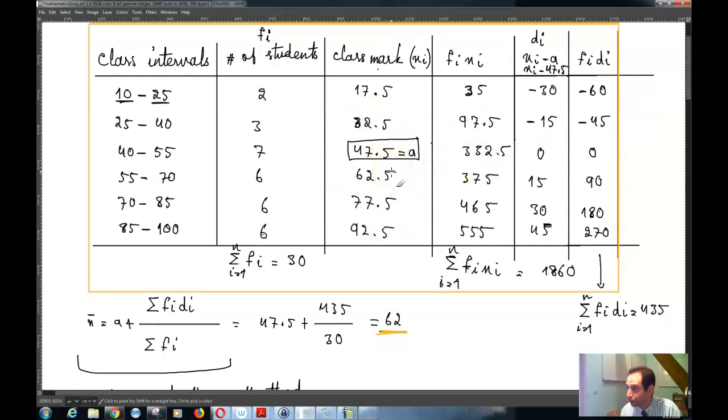Another important thing here is that we got d of i as x of i minus a.